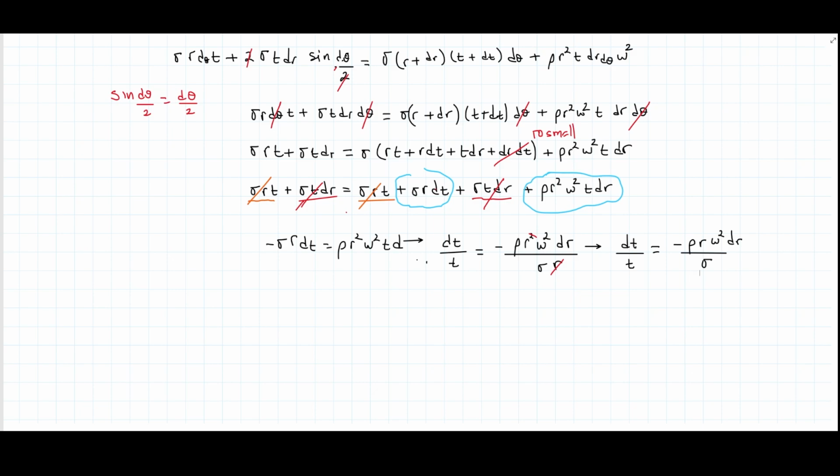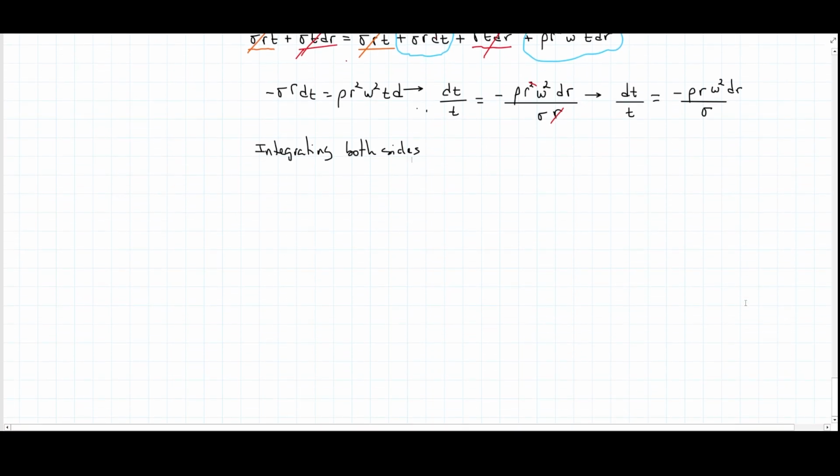Now, if we integrate both sides, the left side by t and the right side by r, we have the inverse of t here, so that's going to require logarithms. Integrating both sides, we'll have that the natural logarithm of t is equal to, I'm going to separate them, rho omega squared r squared divided by 2 sigma, plus c.